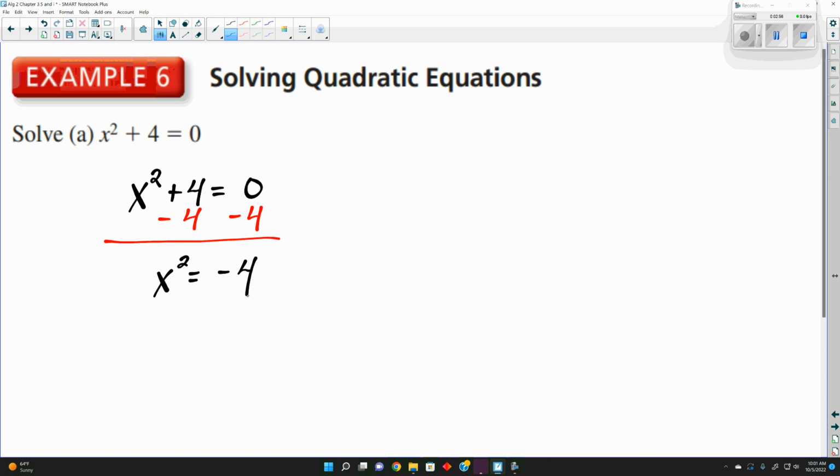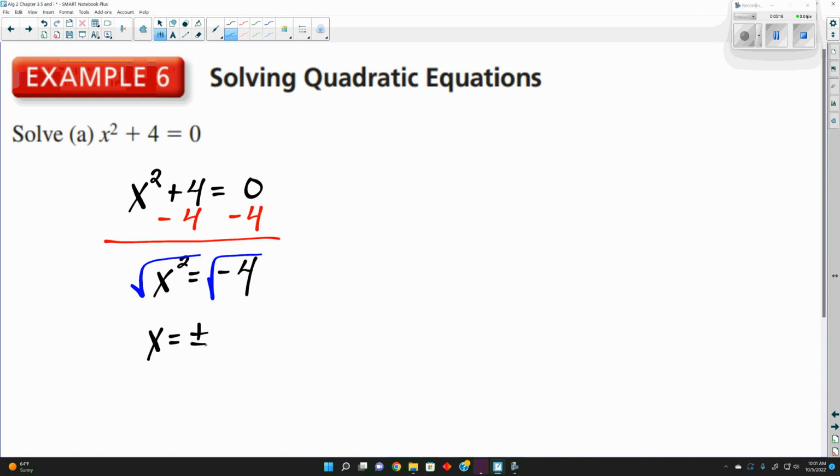which up to this point we couldn't find. What times itself would be negative 4? But now we can take the square root of both sides, and the square root of x squared is equal to plus or minus, because whenever we square root both sides, we do need the plus or minus.